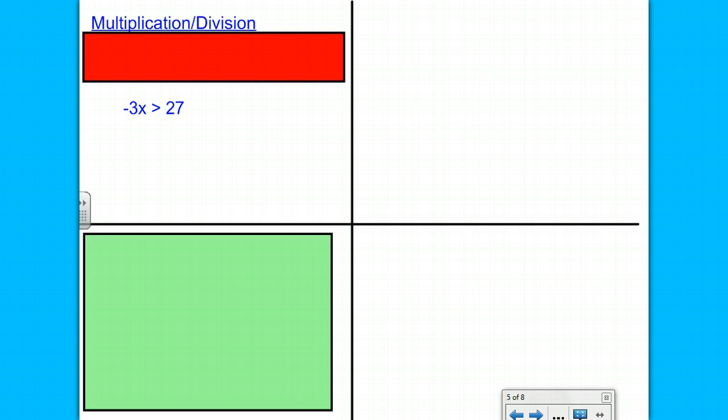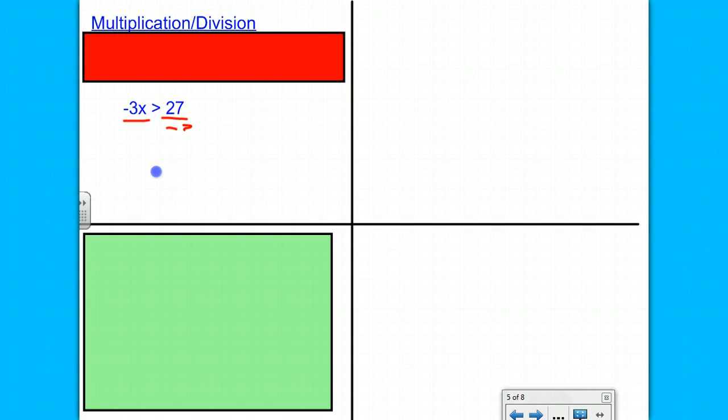This particular section has the most information as you're going down in your graphic organizer. So before we actually write what goes on here with multiplication and division, let's try this example. The box is covering some information, so leave a little space. Negative 3x is greater than 27. So, Hannah, what shall we do to solve for x?